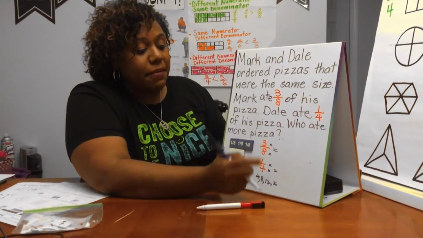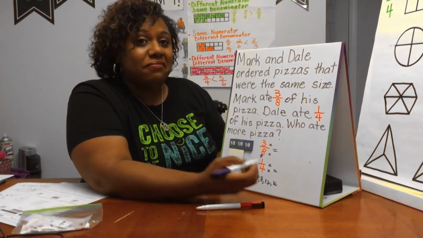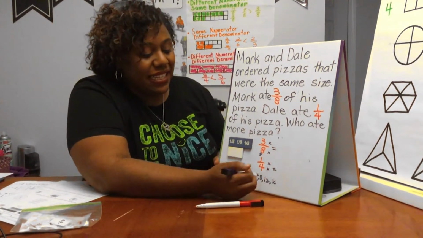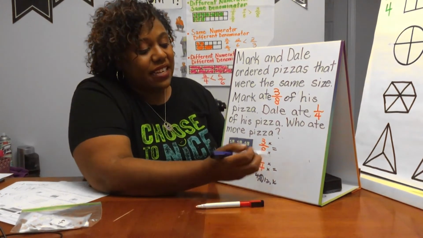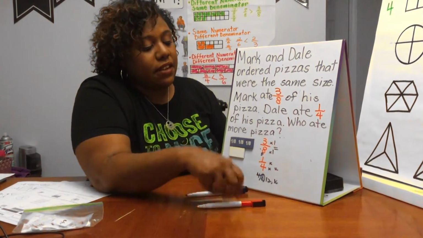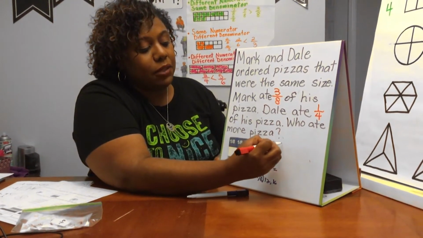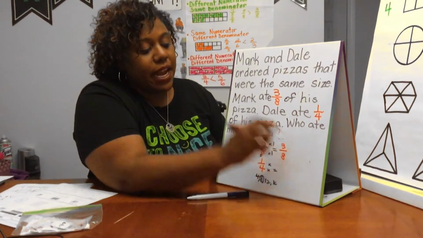Yeah, if we skip count by 8, we start with 8. So it's going to stay 3/8, right? Because if we only counted once, then we still have just the fraction: 3 times 1 is 3 and 8 times 1 is 8. It's still 3/8.